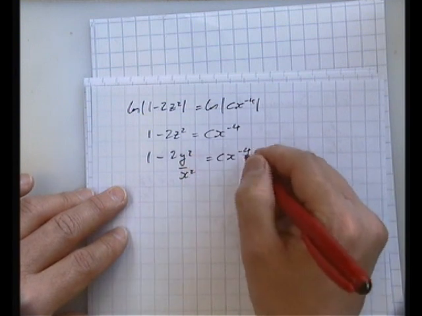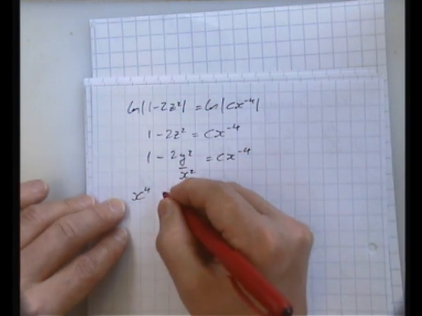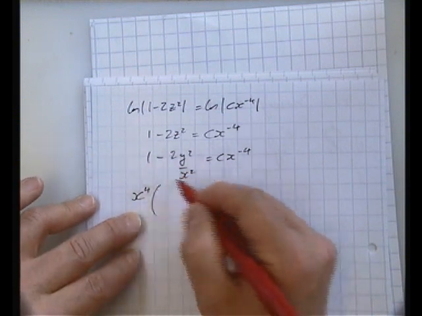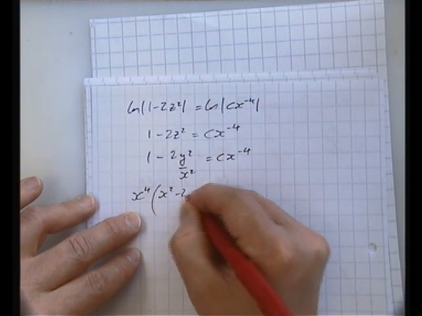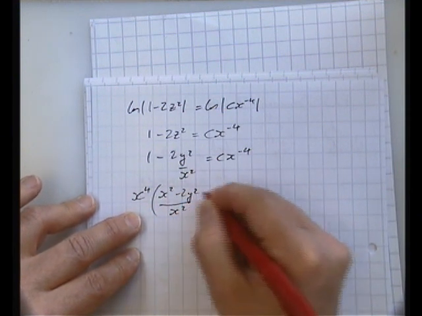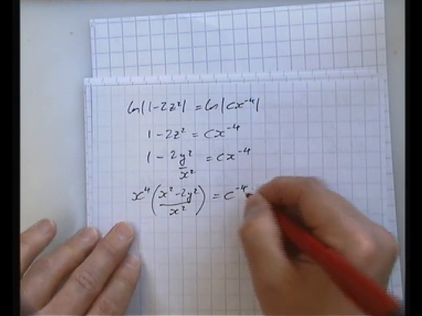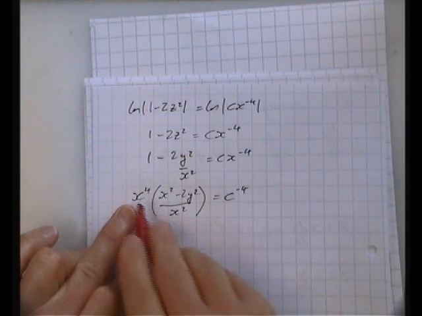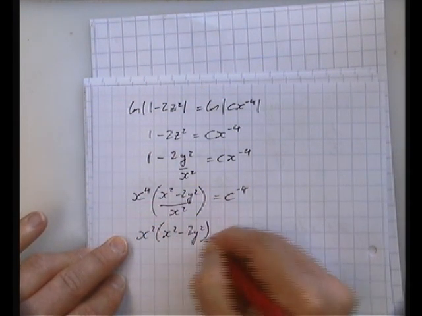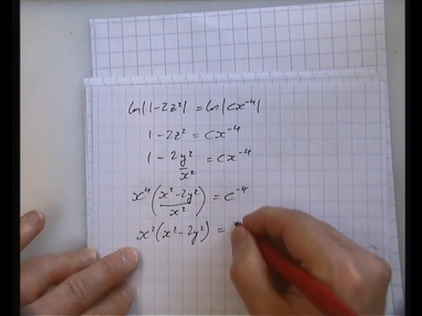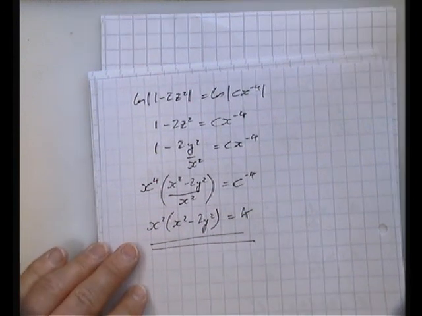Then I'm also going to simplify this by putting it over a common denominator to get (x squared minus 2y squared) all over x squared is equal to c to the minus 4 at this point. I can cancel a power of x squared there and get x squared times (x squared minus 2y squared), and change the c to the minus 4 into the k that they suggested, and that is the result they were looking for. Thank you.